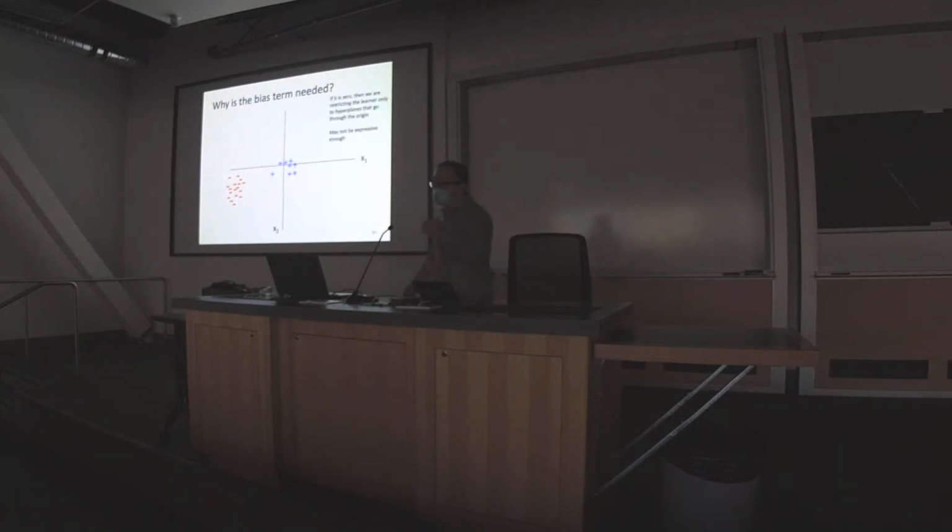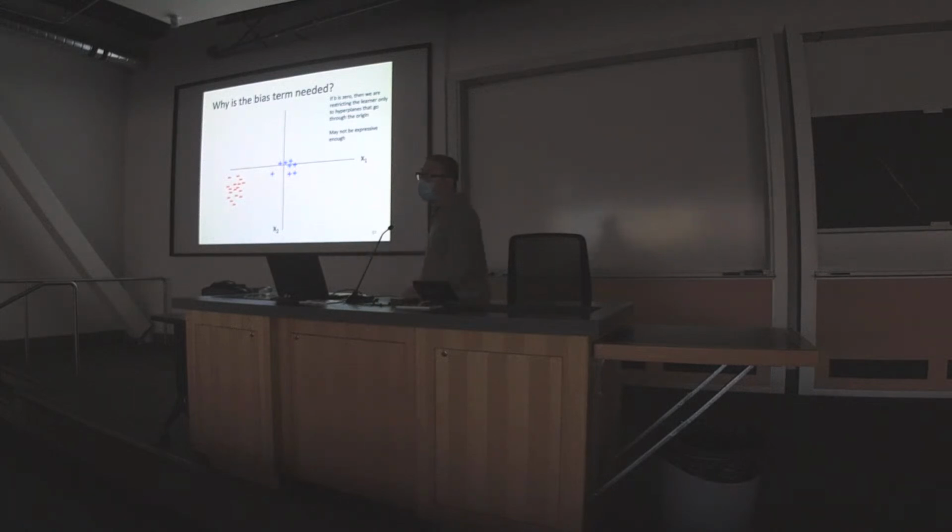So if we take a look at this example, all the positive examples here are kind of surrounding the origin, right? All the negative examples here. If you get rid of the bias term, you're gonna misclassify many positive examples, right?